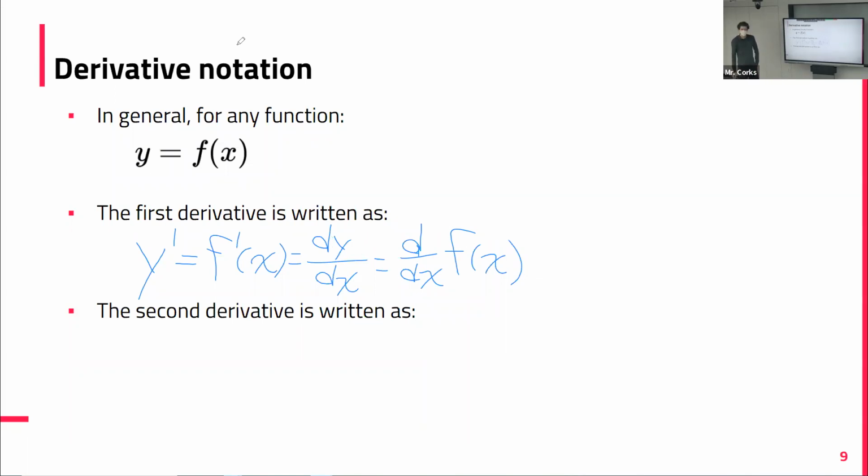What about second derivatives? Okay, so y, and we read this as double prime. Y double prime, or f double prime of x, or d squared y over dx squared. That second one there, again, this is not actually exponents. It just looks like them.